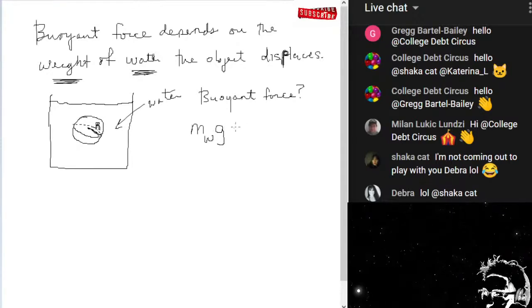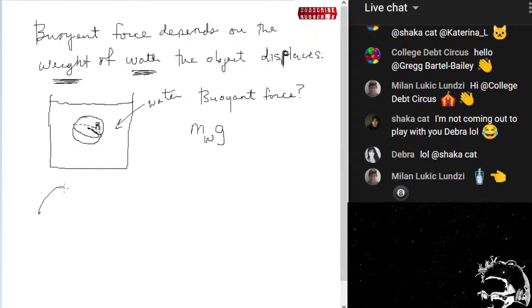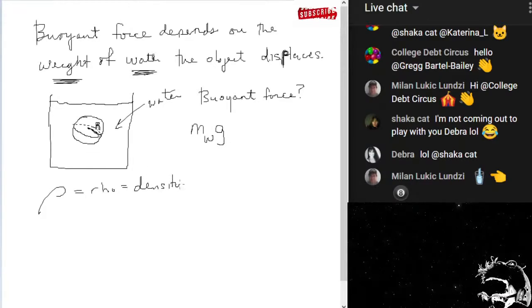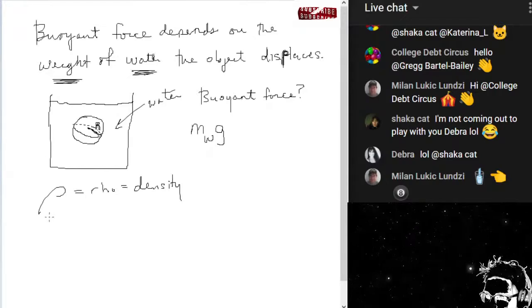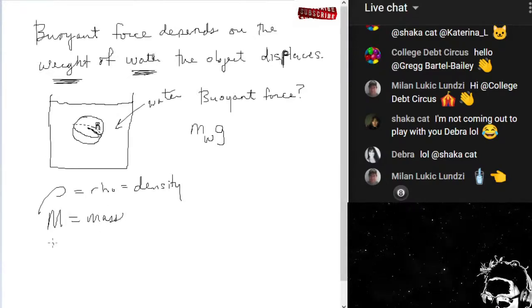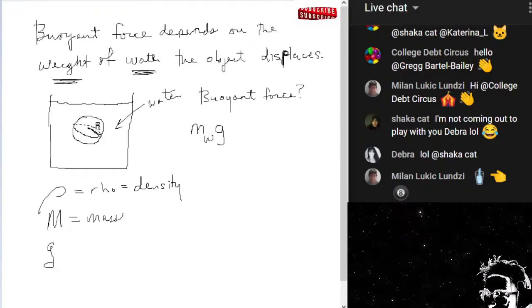So how do we figure out how much water is displaced? We're going to need to use the density equation. Remember, rho, the Greek letter rho, is density, m is mass, and v is volume.